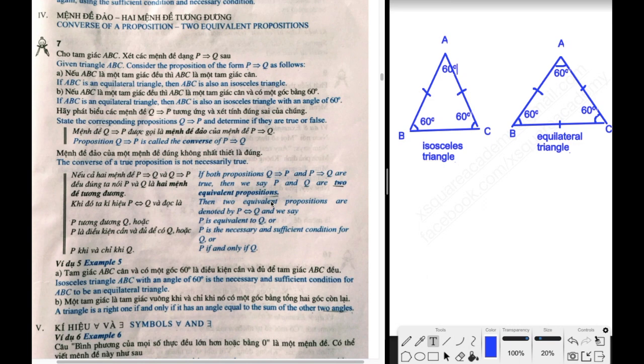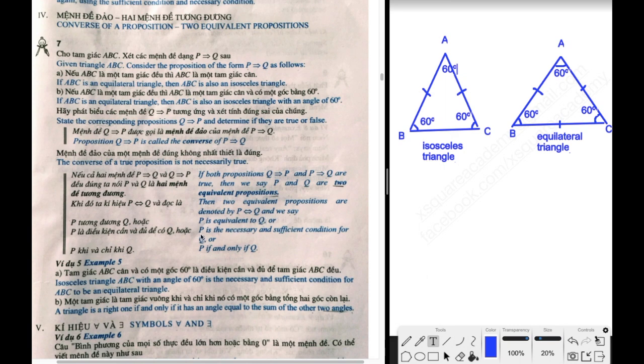Read after me and focus on the sign and symbol. If both propositions Q implies P and P implies Q are true, then we say P and Q are two equivalent propositions. Two equivalent propositions are denoted by P is equivalent to Q. This is the equivalence sign.